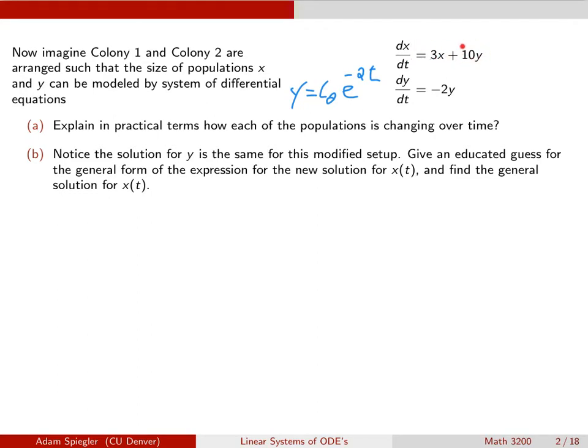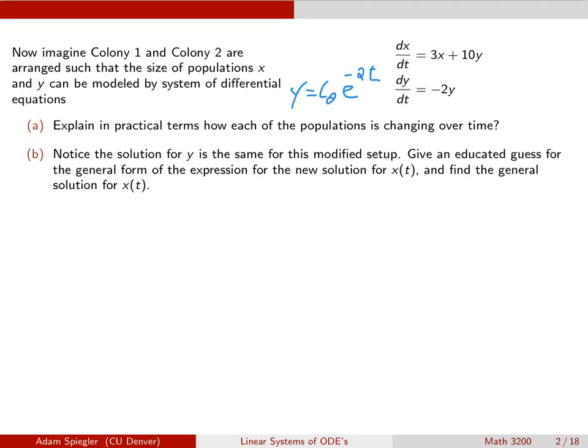So that means the presence of y in colony 1 is actually making that bacteria colony grow even more rapidly. So it's almost like that's a catalyst that's making the population x grow even faster. So we do have some interaction. The presence of y is making x grow faster.